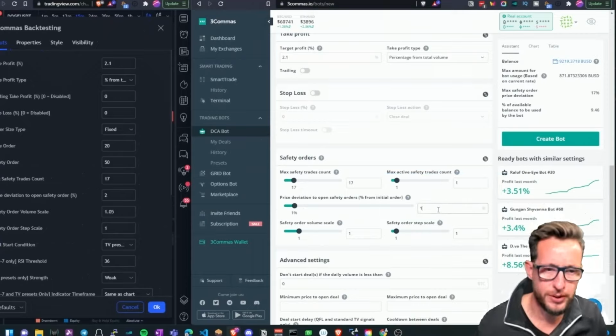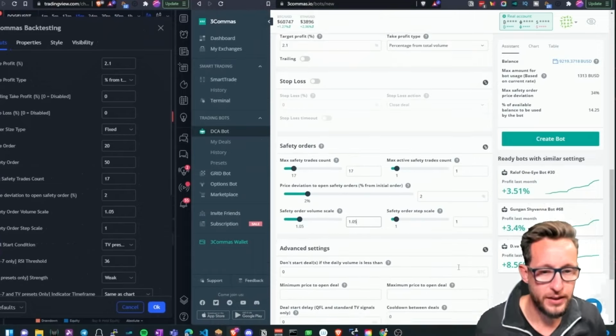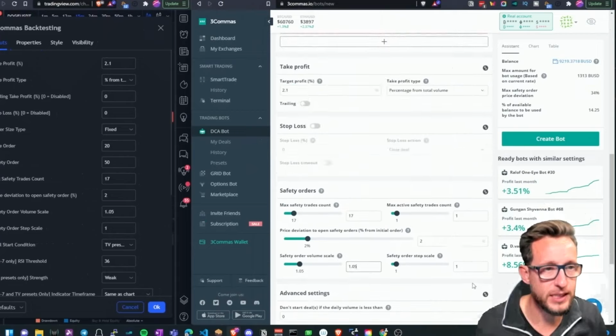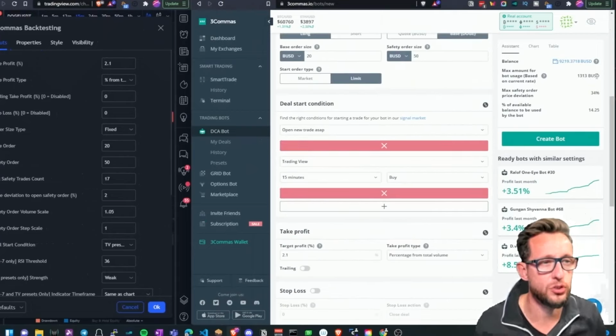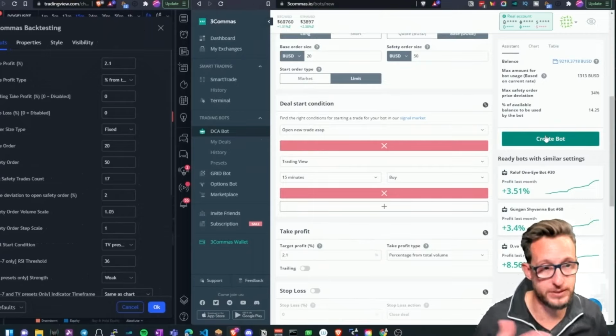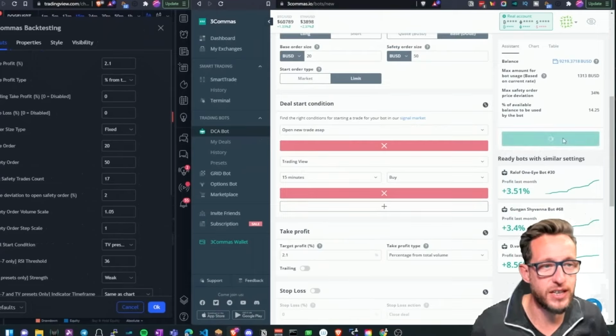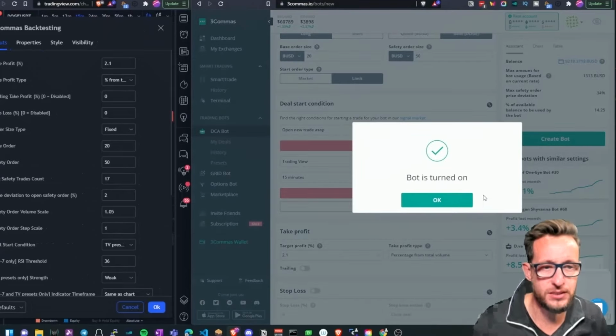Deviation was 2, and then we're going to do a 1.05 as I discussed earlier in this safety orders volume scale. Okay, and everything else stays as is. That means that we will technically need $1,300 in our account to run this bot if it all dips as much as that. Okay, let's create the bot and press start.